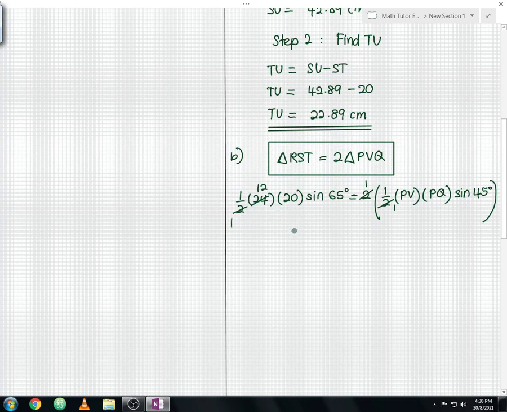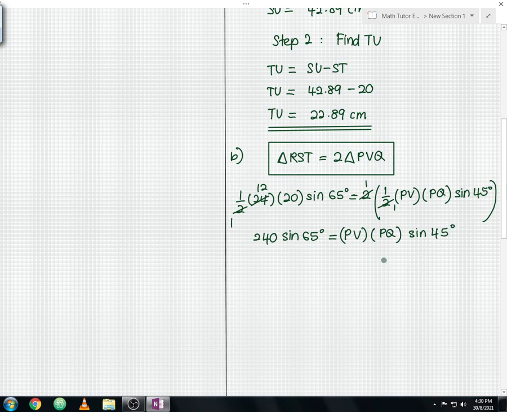Perform the calculation and you should get 240 sine 65 is equals to PV times PQ times sine 45 degree.